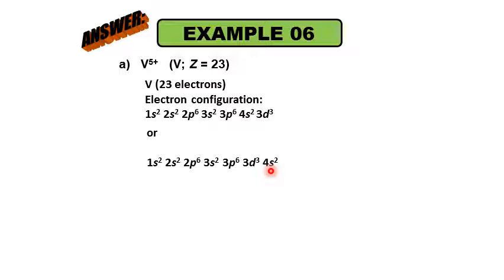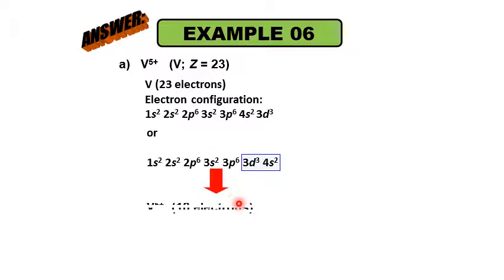Why? Because when we proceed with the electronic configuration for vanadium 5 positive, we are going to remove electrons from the highest n value first. So in this case, we are going to remove 5 electrons from the 3d3 and 4s2. The first electron is removed from 4s2, followed by 4s1, then 3d3, 3d2, 3d1.